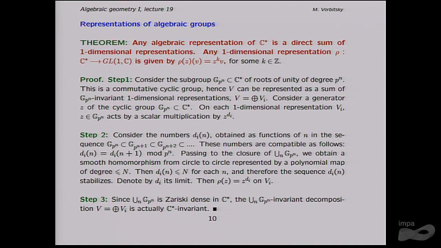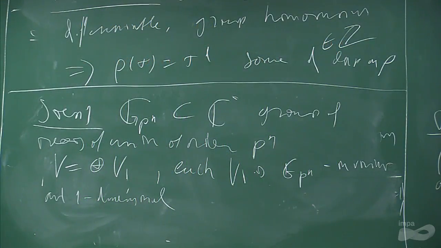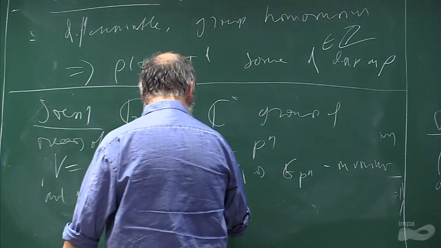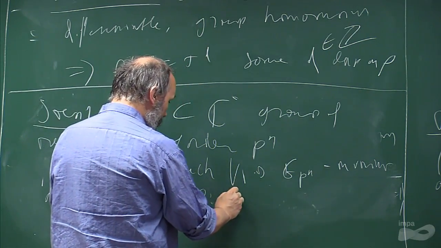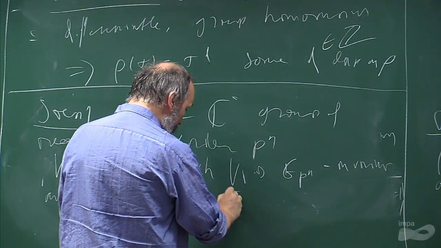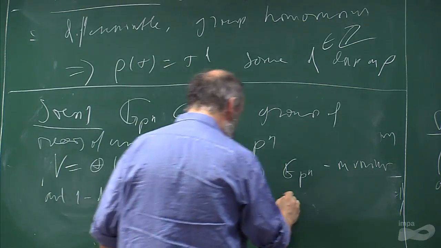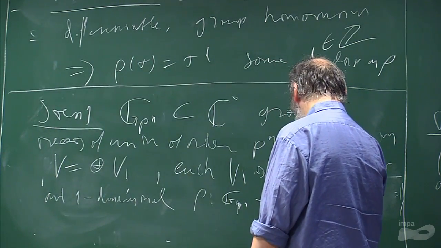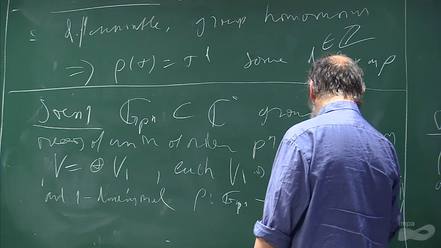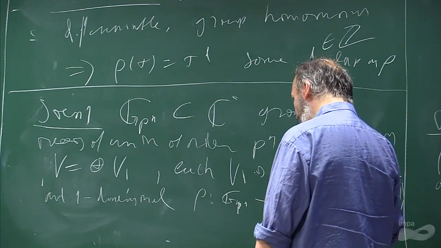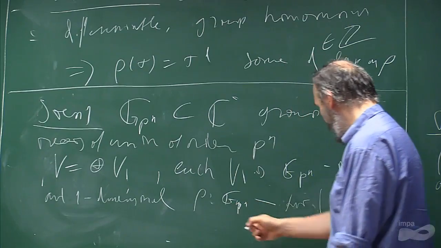Also, on a one-dimensional space, automorphisms are C star. So rho from G_{p^n} to automorphisms of V_i.